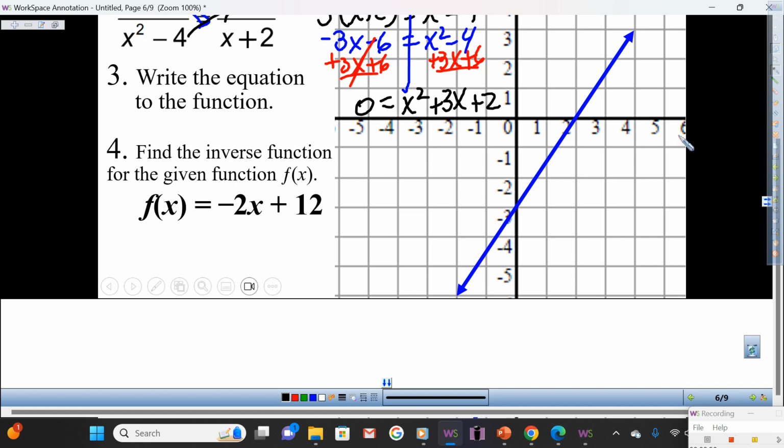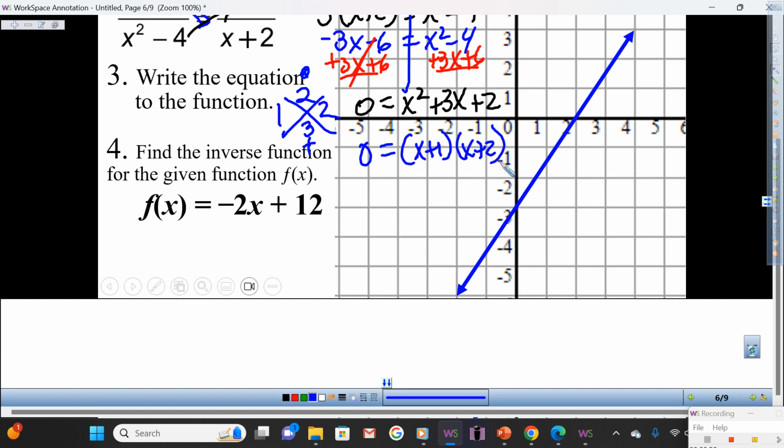All right, what do I do from there? Anthony D. Factors of 2 that add up to 3. 1 and 2. So my factors are x plus 1, x plus 2.